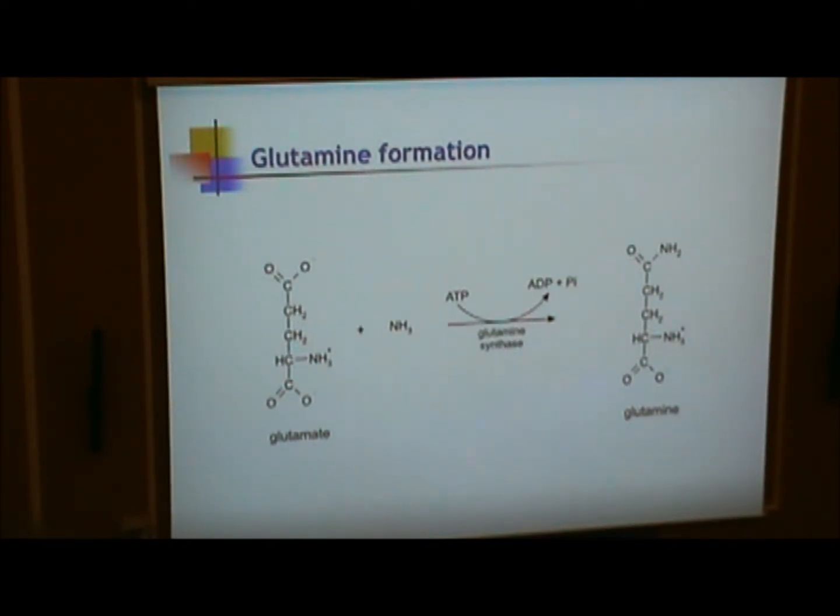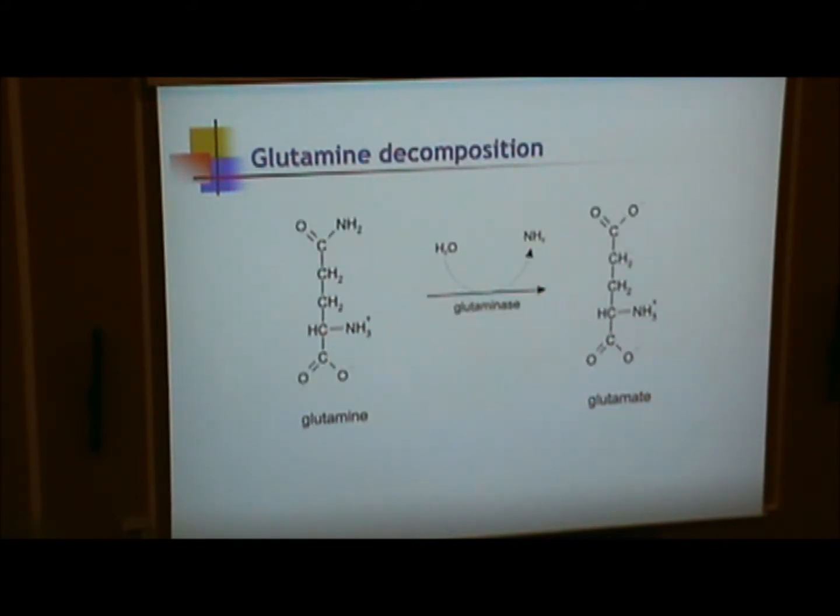Ammonia participates in regulation of pH of tissues and physiological fluids. For instance, in kidney, the glutamine is submitted to the action of glutaminase, with participation of a water molecule.